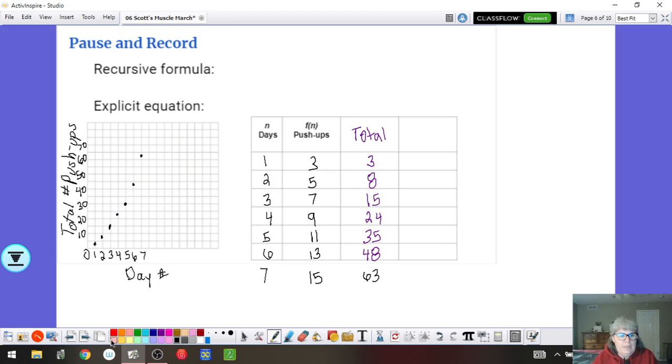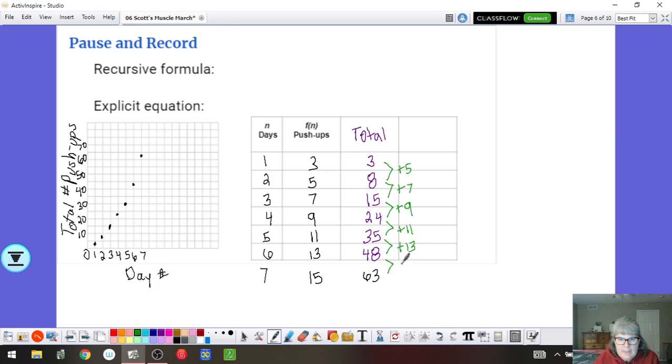So if we look at our differences, the first difference, we already know what these numbers are because they came from the number of push-ups. 8 to 15, we added 7. 15 to 24, we added 9. We added 11. We added 13.